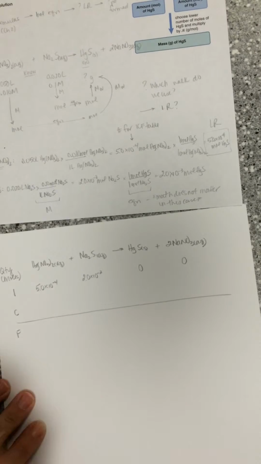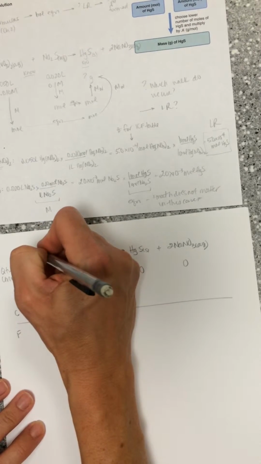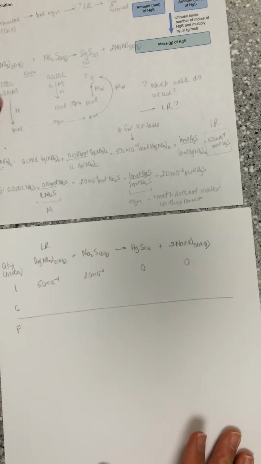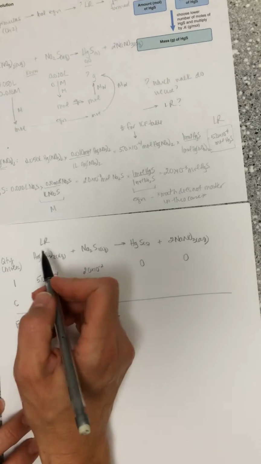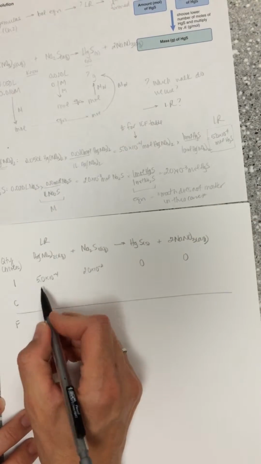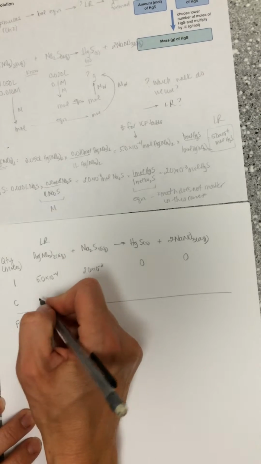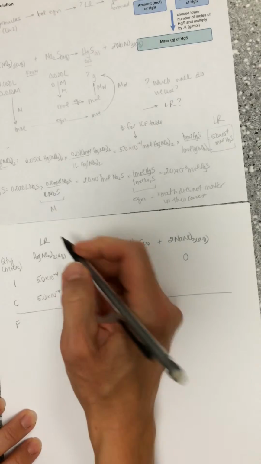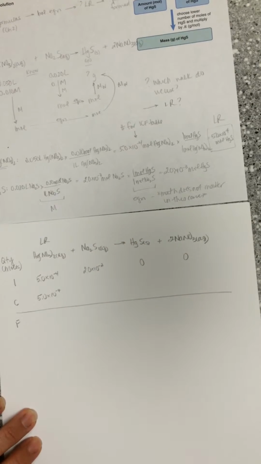Okay, so for this change column, remember the change column is propagated from our limiting reactant. And since we just calculated that mercury 2 nitrate is our limiting reactant, this is the cell that we start with in propagating this table. In limiting reactant problems, this value will always be the same as your initial column, because it's the limiting reactant, it's completely used up.